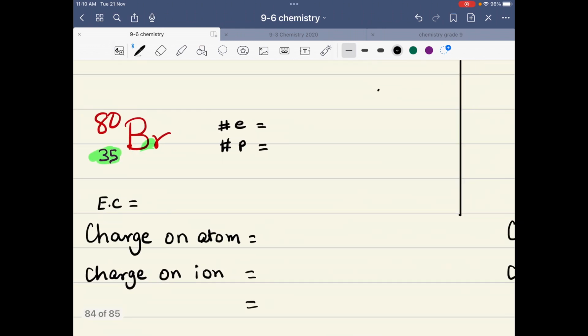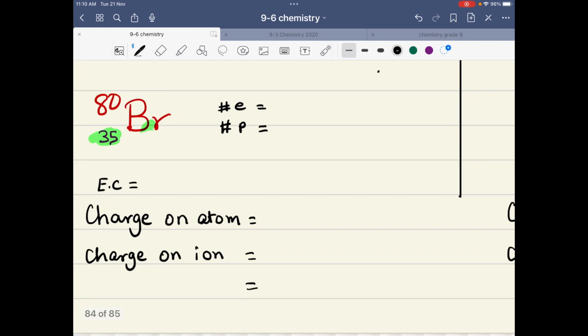Let's do one more. Here we go. We have bromine. Bromine is outside the first 20 elements, so you would never get this one to do in an exam or a test. But since I can do chemistry, I'm going to show you this one. Bromine has an atomic number of 35, which makes it have 35 electrons and 35 protons.